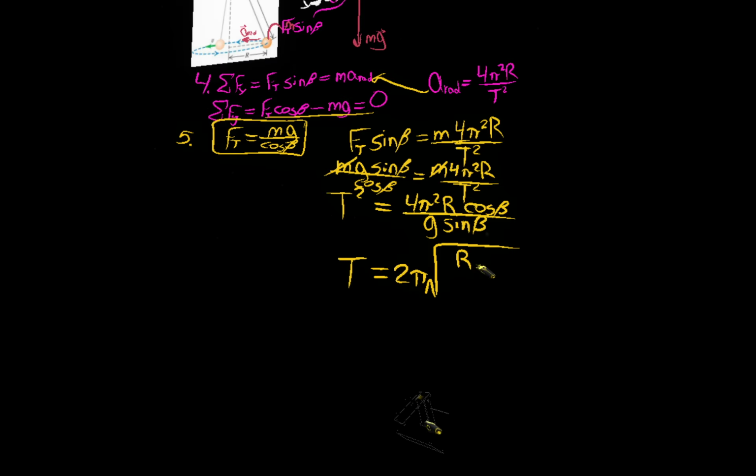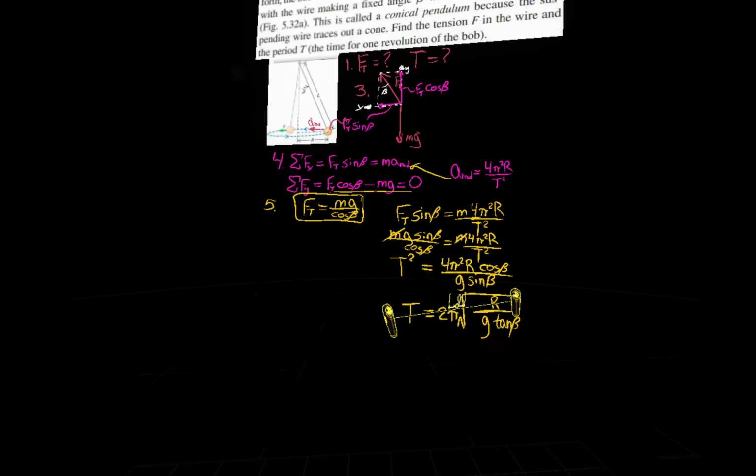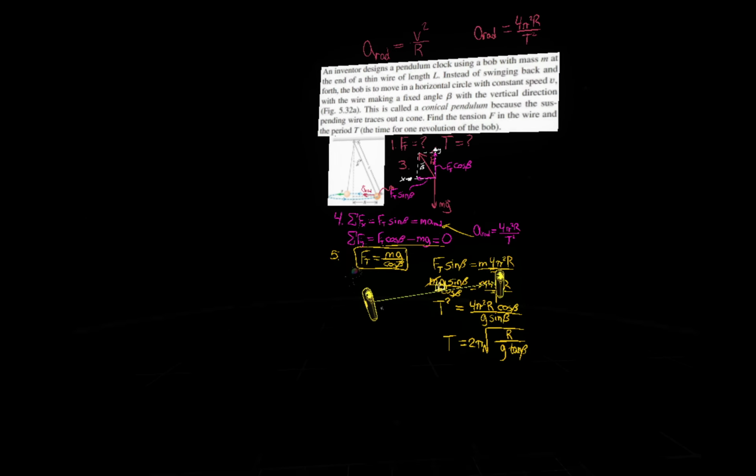R over g, but this, let's see. Yeah, so this would be tangent on the bottom here. Tangent beta on the bottom. So r over g tangent beta. But r is the radius, and we can go a quick step further here.